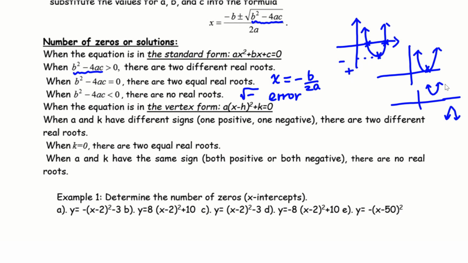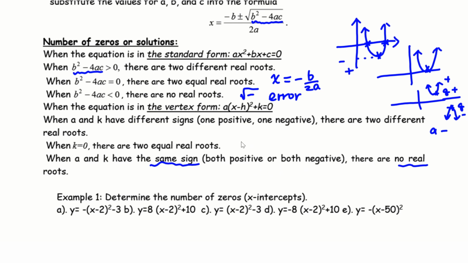This one, the a value is positive and the q value is positive. You have the same sign, then it will be no zeros. This one opens down, a value negative and q value negative, you don't have any solutions. So both positive or both negative, no solutions.